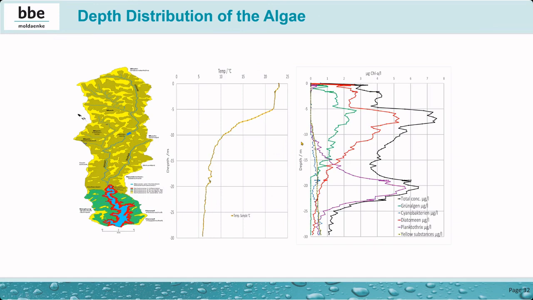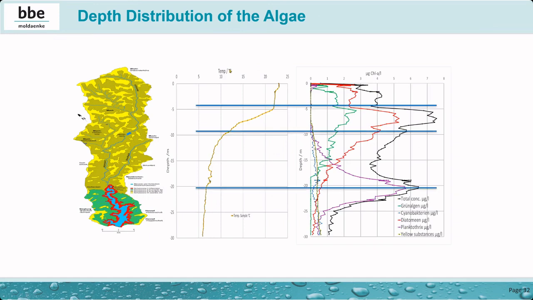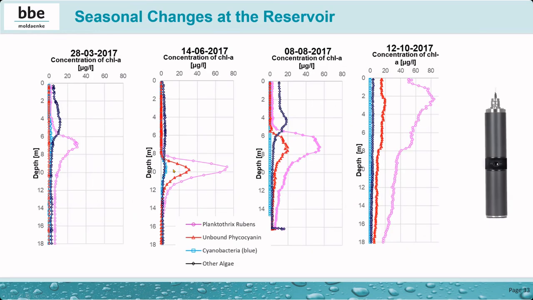And the temperature profile in this situation. We have some areas where the content of the different algae is very high. Just a seasonal change: in March, when they start growing, the concentration of chlorophyll A and cyanobacteria is very high in the deep areas, and then there is a mixing in the lake, and the cyanobacteria, Planktothrix rubescens, also go to the surface area.